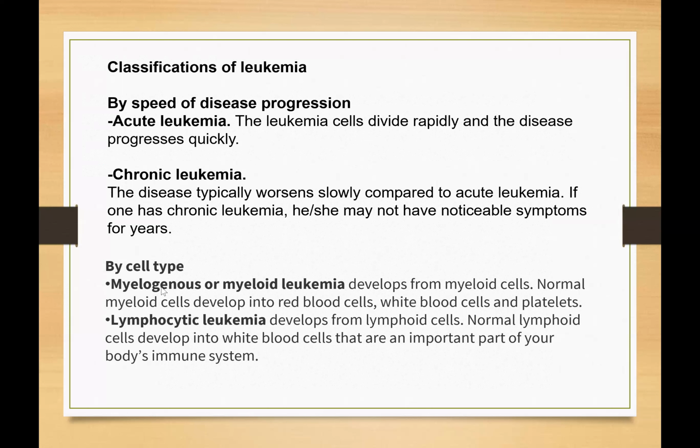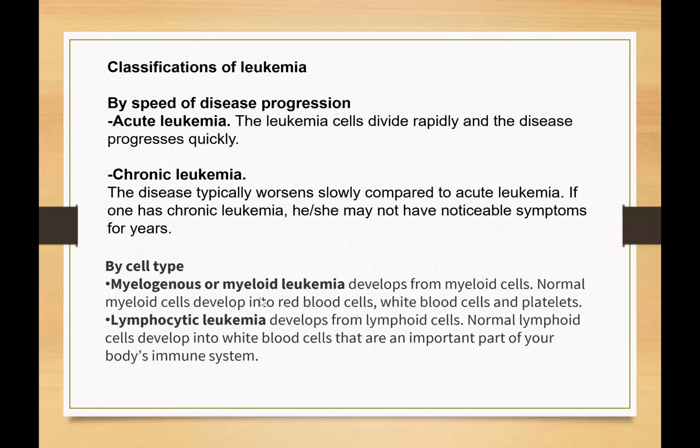Another way of classifying leukemia is the kind of cell undergoing change. For example, if a myeloid cell undergoes transformation, it leads to myeloid leukemia. Or if a lymphocytic cell undergoes transformation, it leads to lymphocytic leukemia.